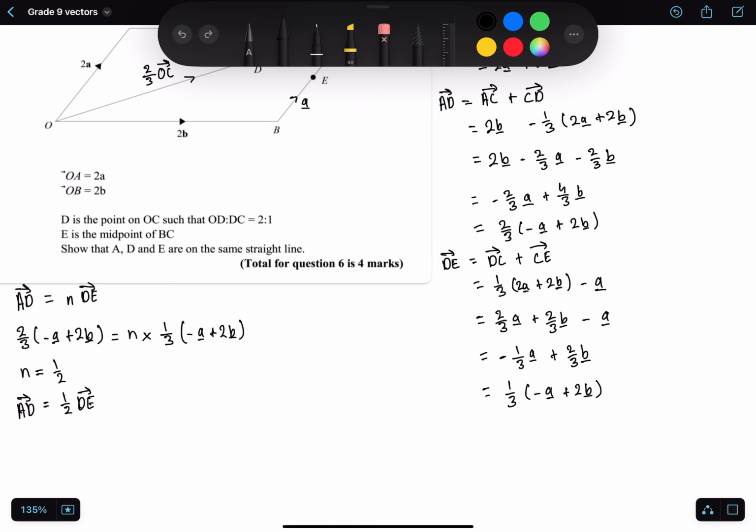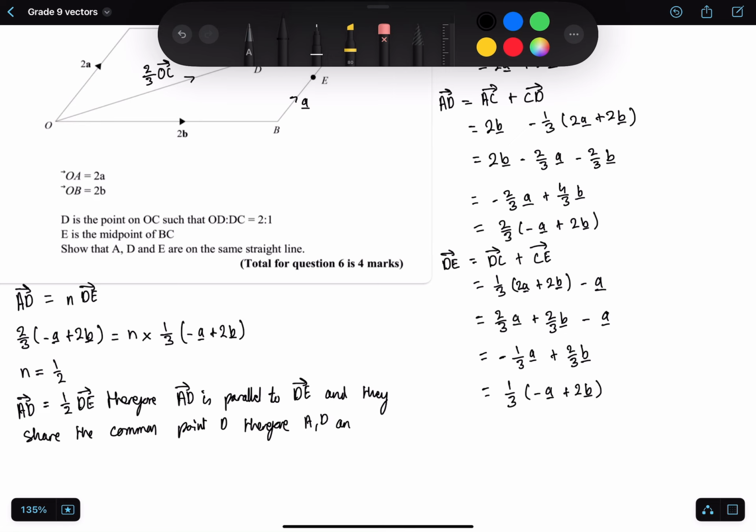Therefore, AD is parallel to DE, and they share the common point D. Therefore, A, D and E are on the same straight line. And that's your answer.